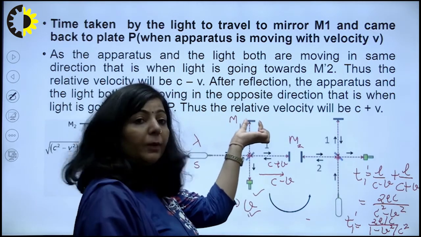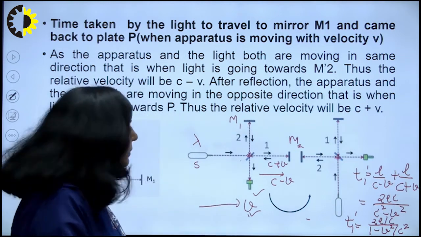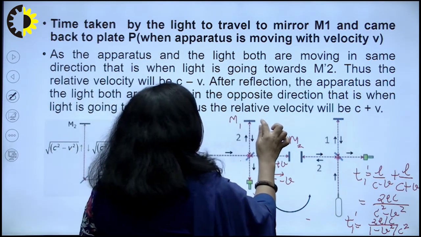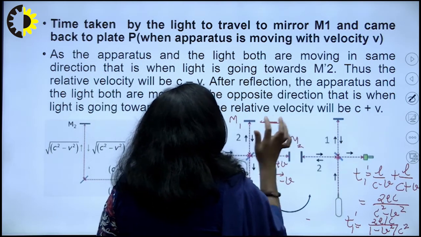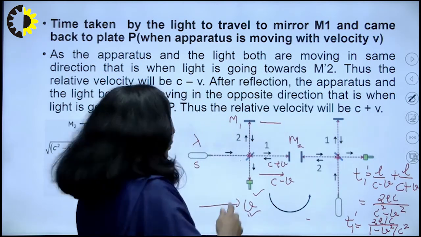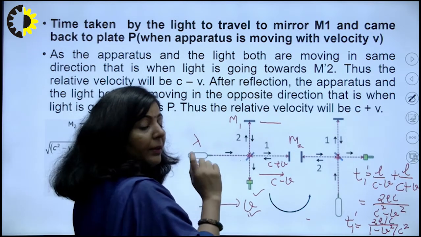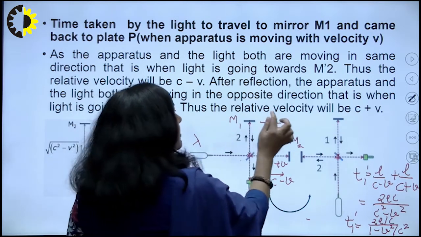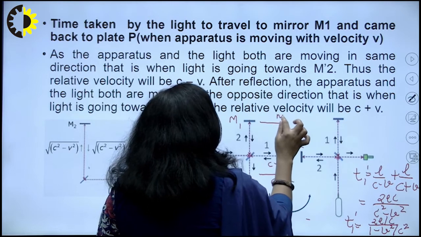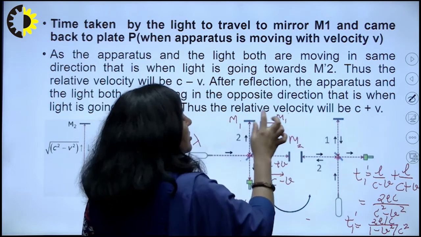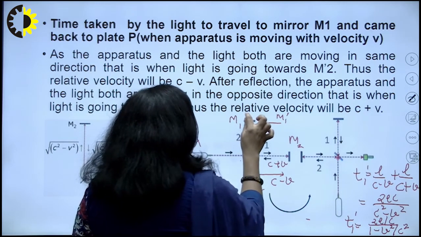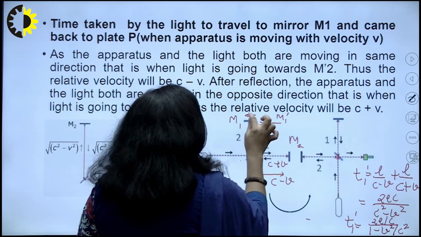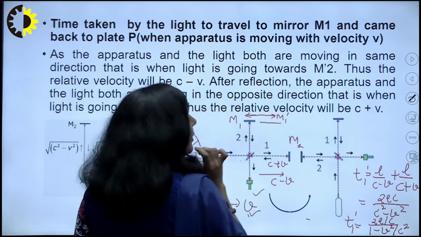That mirror will not be present at the same point. There is a new position for this mirror in time t dash. So if light takes time t dash to move from glass plate to mirror, then during that time this mirror will occupy a new position, and let M1 dash be the new position of the mirror, right? So can you tell me what will be the displacement M1 dash?